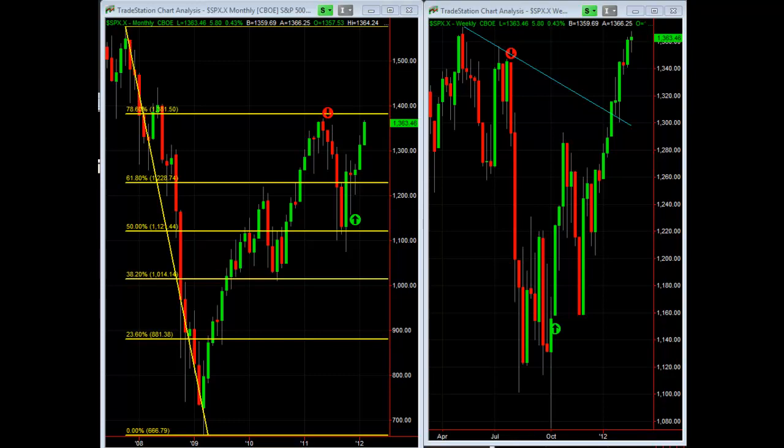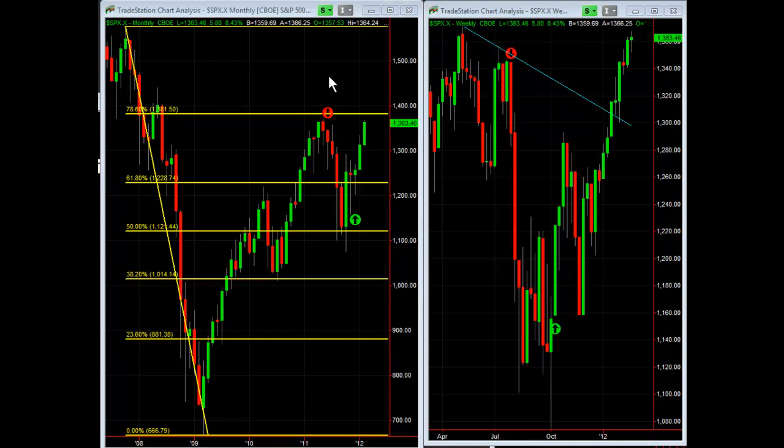So the first asset class I put up here is the S&P 500. This is the SPX Cash 500, and for the macro trend, I use the monthly time frame, and I use a weekly for a long term.